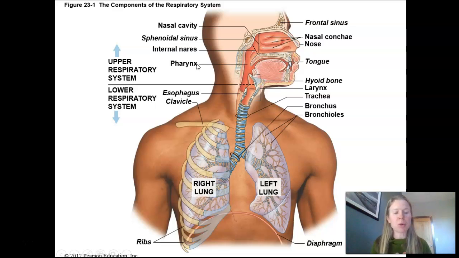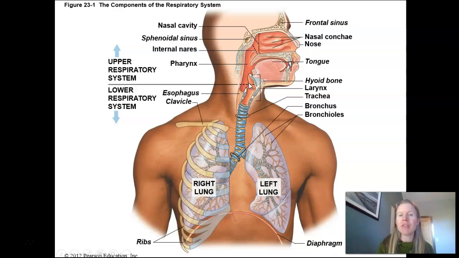In the upper respiratory system, you're looking at things like the nose, the nasal cavity, which of course is all that space posterior to the nose. The sinuses would be included as part of the upper respiratory system, and then the pharynx, which is the throat. So we will look at the regions of the pharynx as well.